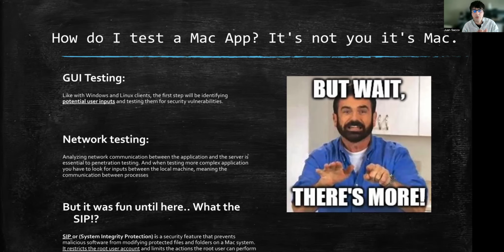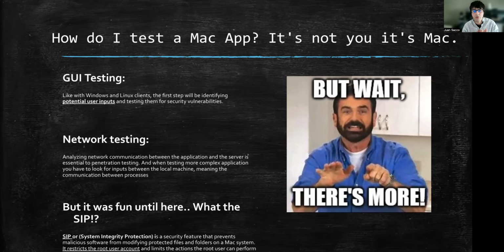Typically on Mac, just to name a few of the groups, you will have the system administrator, that is root, ID 0. Then you will have your standard administrator, so it's the admin of the Mac, meaning the user that will have access to sudo. And then you will also have the regular user, that's the user without admin access.